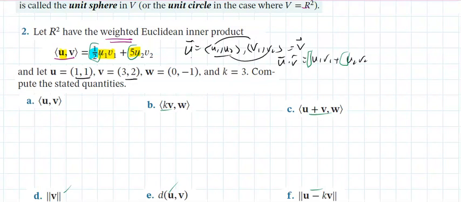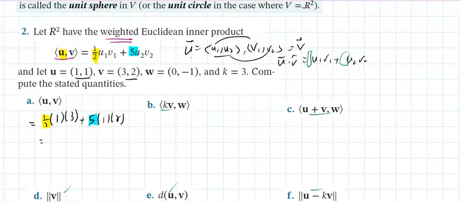Here, let's go the easy route. So that's going to be 1 times 3, and that's going to be 1 times 2. I'm going to add the weight. I'll do that at the end, which is 1/2 right there and 5 right there.